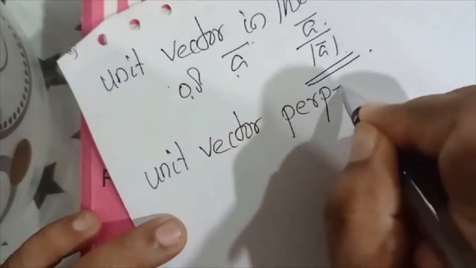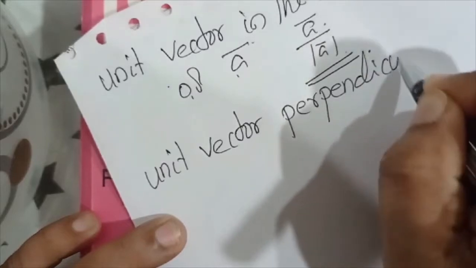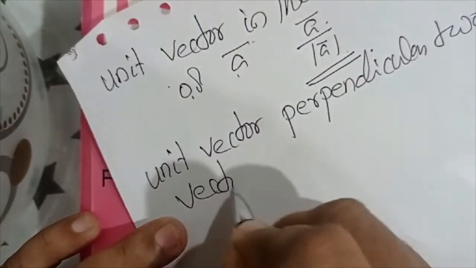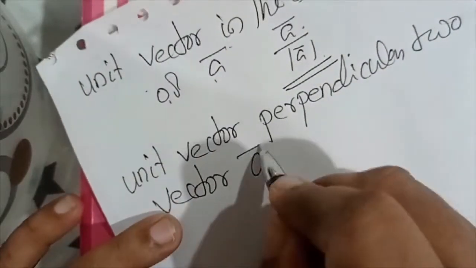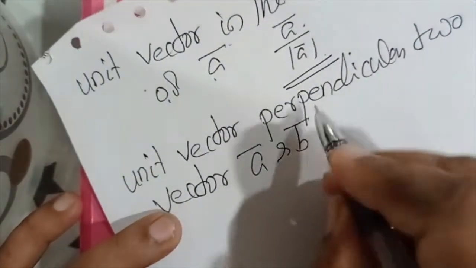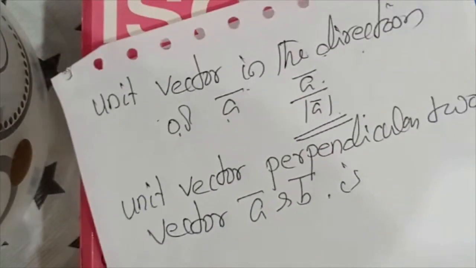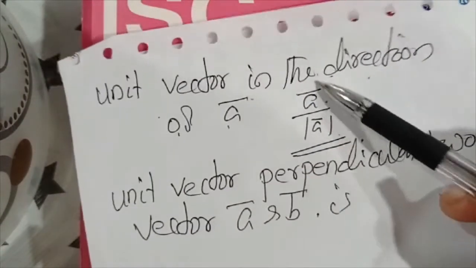perpendicular to two vectors A and B is. Understand the difference between these two?